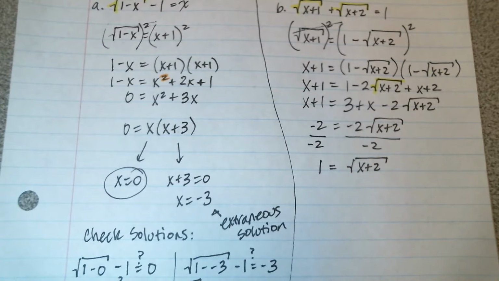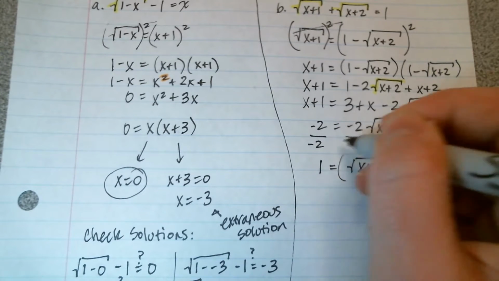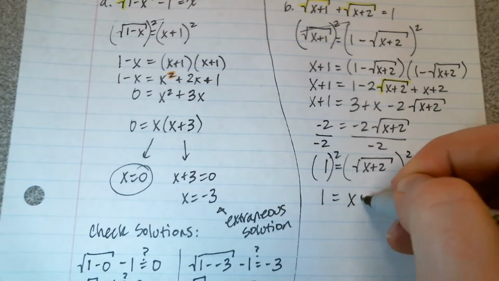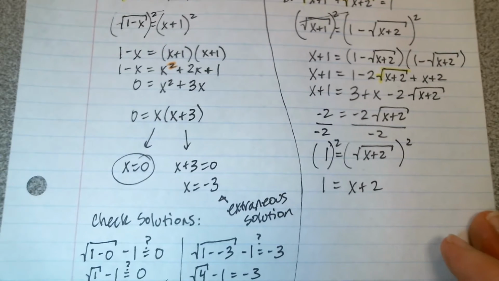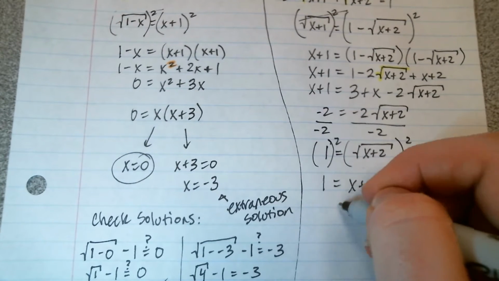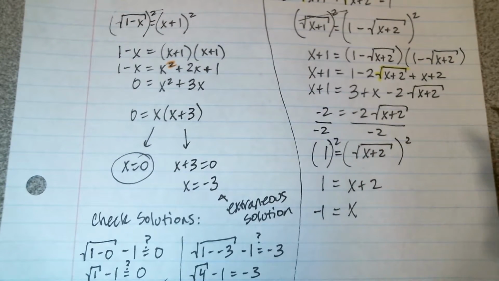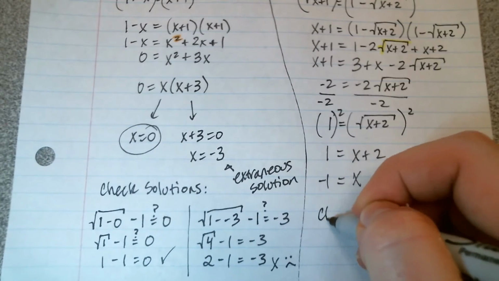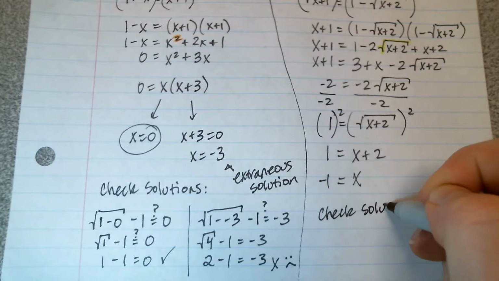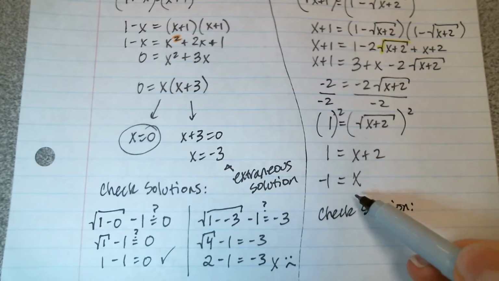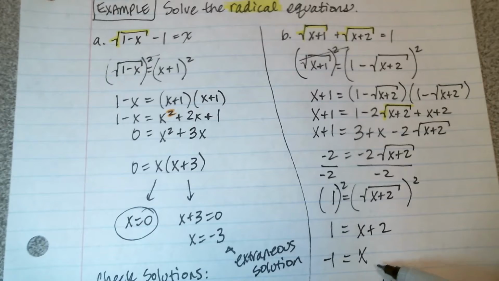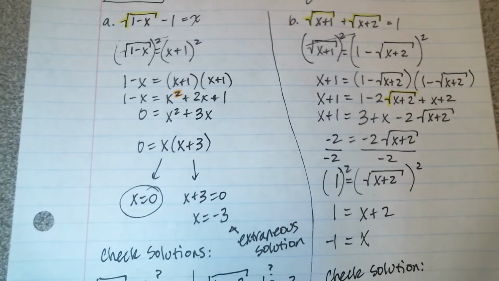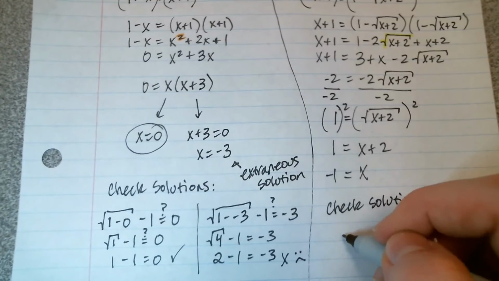Again, since the index is 2, I will raise both sides of the equation to the power 2, which will tell me x plus 2 is equal to 1, and solve for x. And I always need to check my answer. So I'm going to check this solution right here. I need to substitute this back into the original equation before I did anything and check to make sure that it really is a solution.